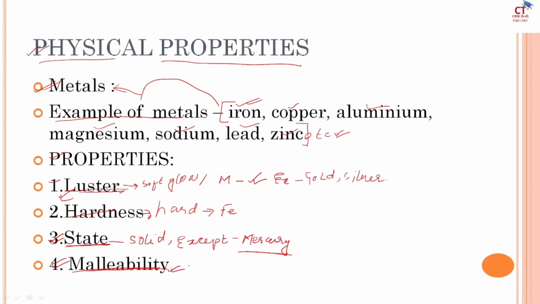In simpler words, whether an element can be beaten down into thin sheets, that is known as malleability. Do metals show this? Yes. They can be beaten down into thin sheets. Example is again gold, silver.